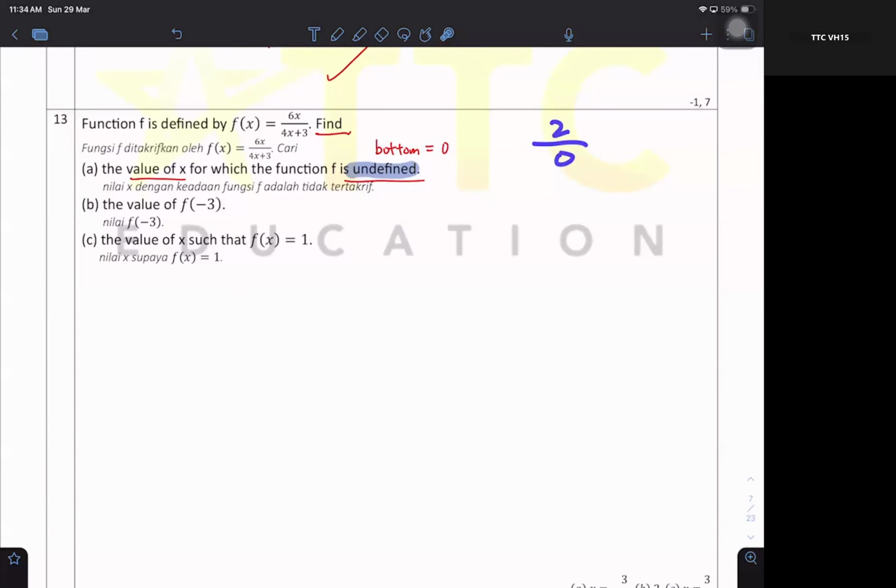Do you know what is 2 over 0? You can press calculator. No, 2 over 0 is not 0. If you press calculator, 2 over 0 or 2 divide 0 is math error. Actually, any number also. Any number divided by 0, any number over 0, is undefined. Any number over 0 is math error.